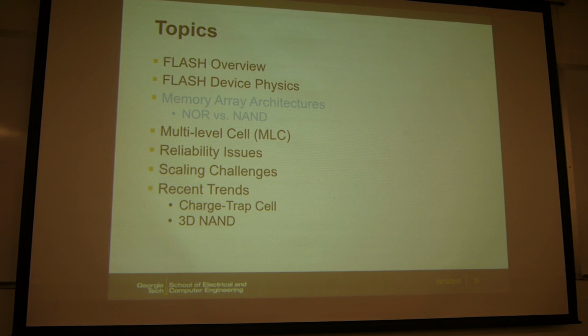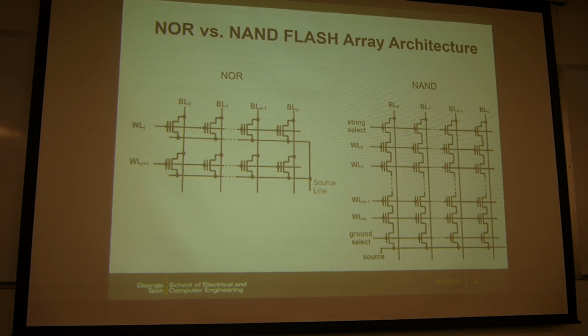All right, then let's move to the standalone memory. Again, because our main topic is still the standalone memory chip. And here we have these two flash array architectures, NOR versus NAND.